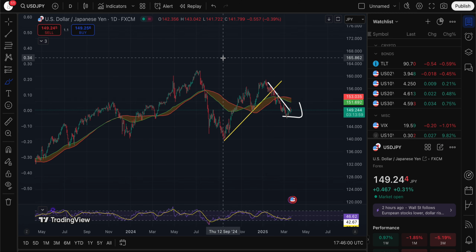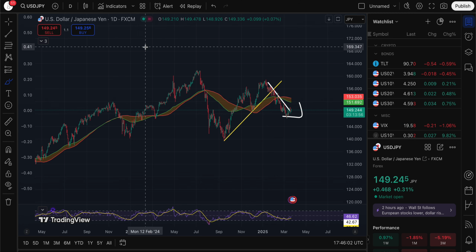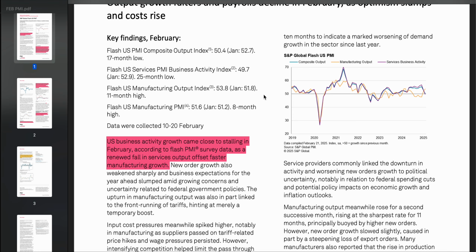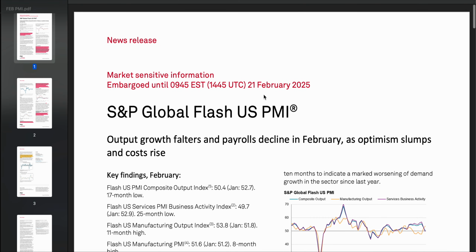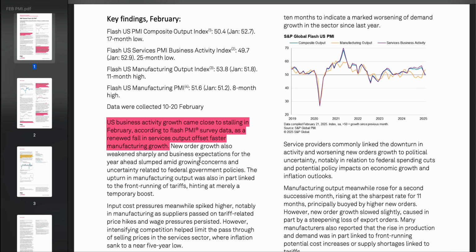And on the US side of things, again, next week we do have an important week. We have the S&P PMIs coming out, and what you're really looking for next week is a confirmation or really dismissal of what we saw in the last PMI report, where you basically saw optimism completely fade.